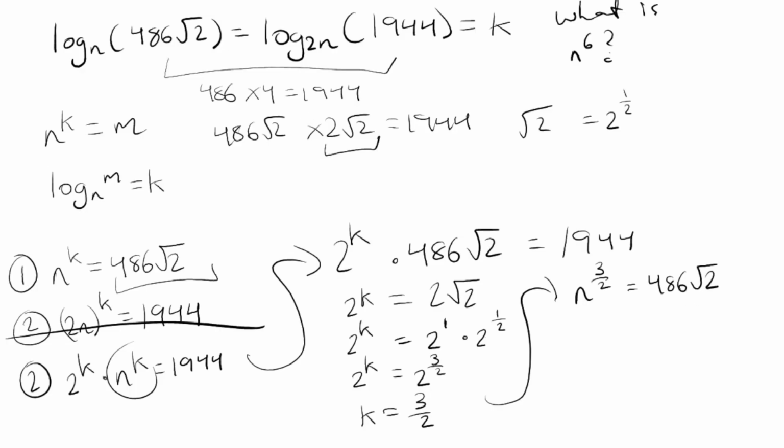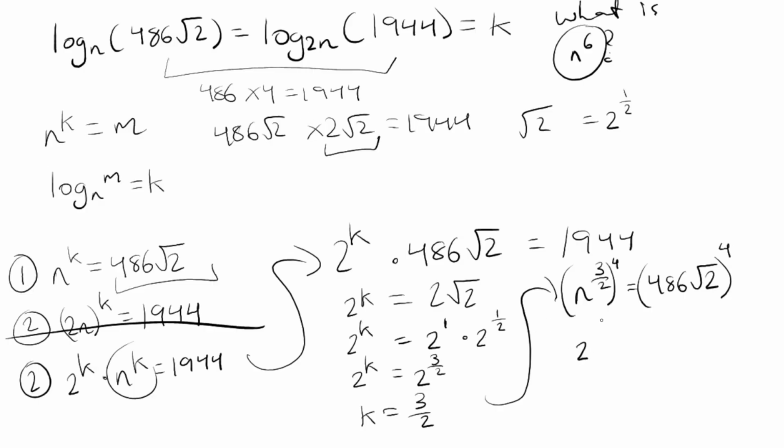This seems tough, right? What do we do from here to get n? Well, let's not go for n. Let's go for n to the 6, right? We can multiply our exponent by some amount to get n to the 6. In this case, it's going to be 4. So let's put both sides of the equation to the 4.